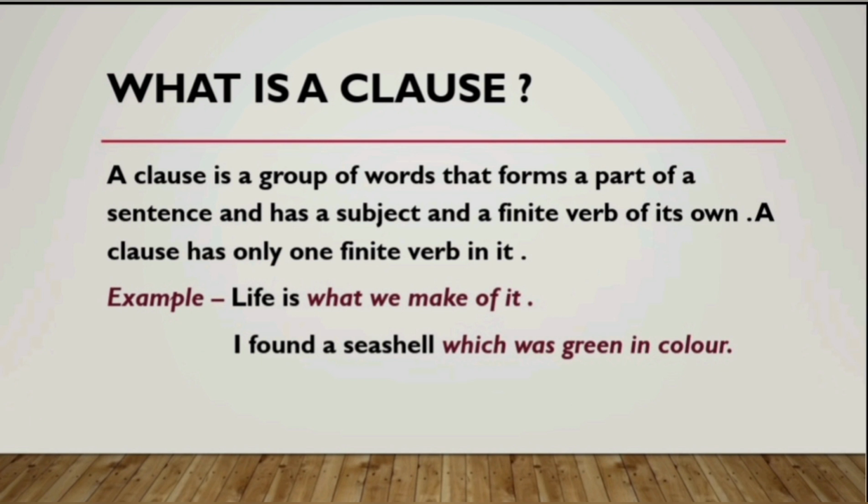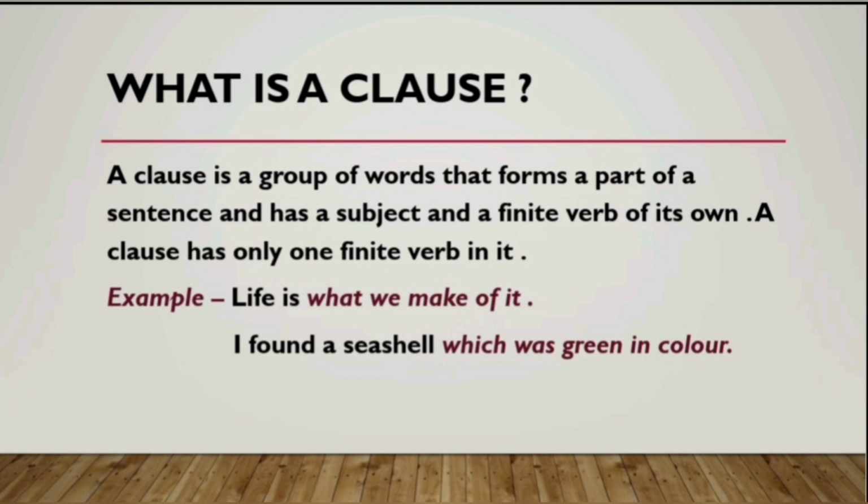So the finite verb changes according to the gender or number of a person or the tense of the verb. So what we make of it has a subject, it has one finite verb, and it forms a part of a sentence. So that would be a clause.